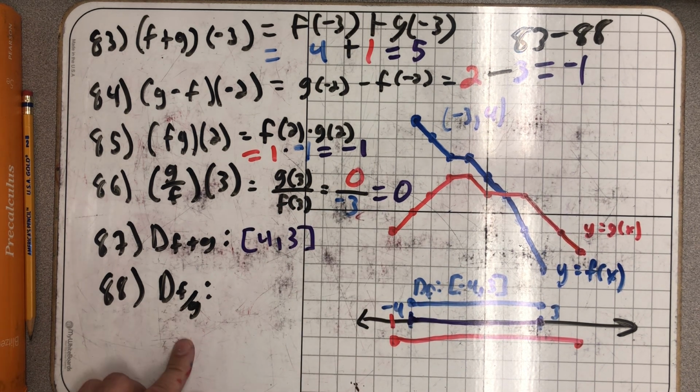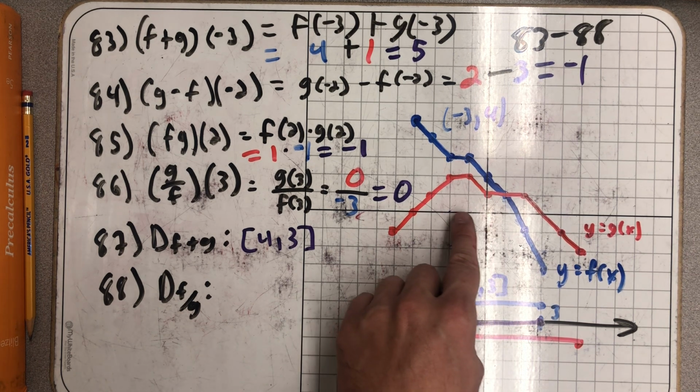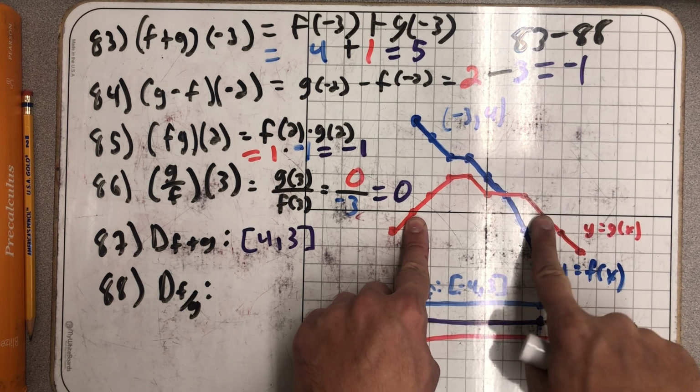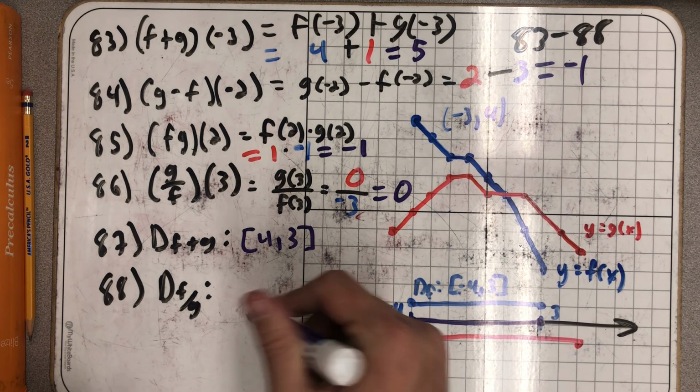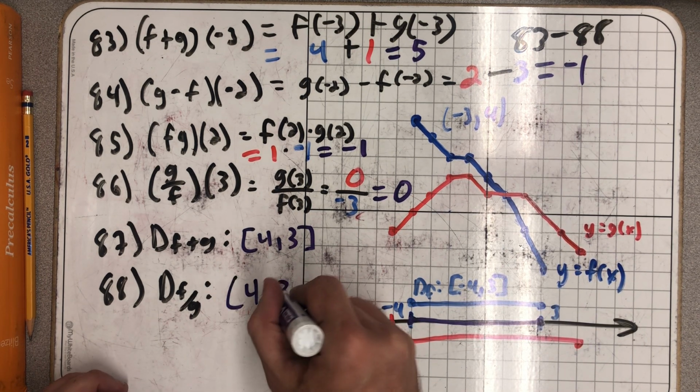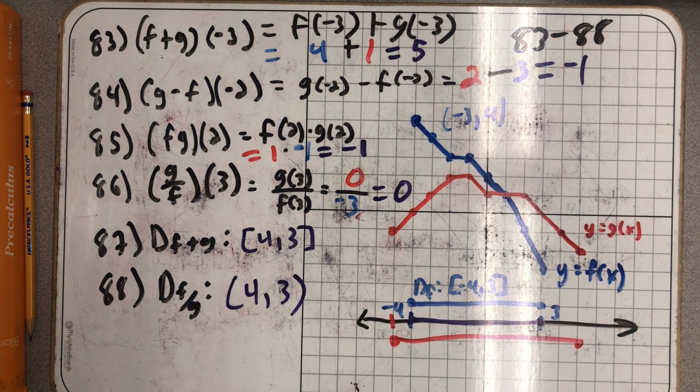The domain of f over g is that same interval throwing out anywhere where the bottom function is equal to 0. Well, if I look at it, the bottom function is 0 at both endpoints, so I have to take them both out. And I just get the interval from minus 4 to 3, but this time it's open. All right, so that's just a few problems using the algebra of functions.